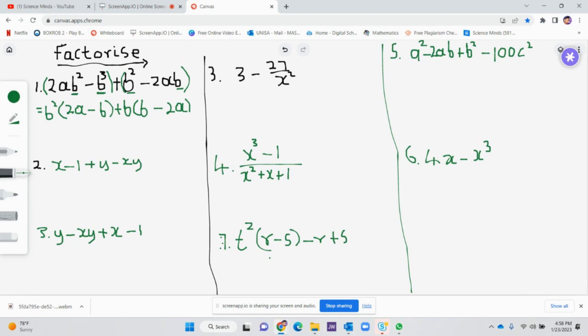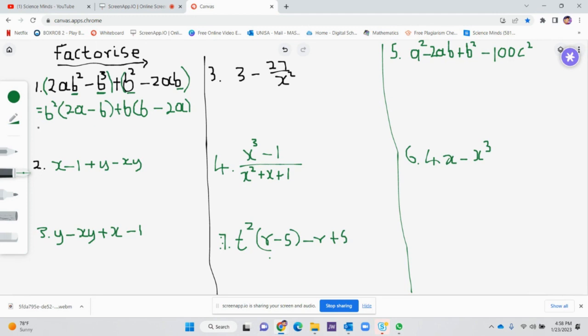While 2a is positive this side, it's negative on the second bracket. And while b is negative on the first bracket, it's positive on the second bracket. We can make this bracket have the same signs as the first bracket by taking out a negative as a common factor.